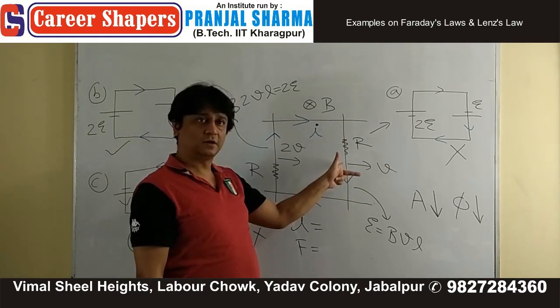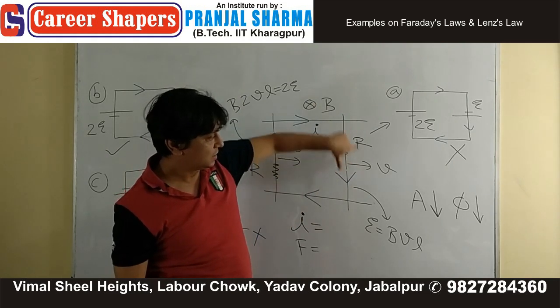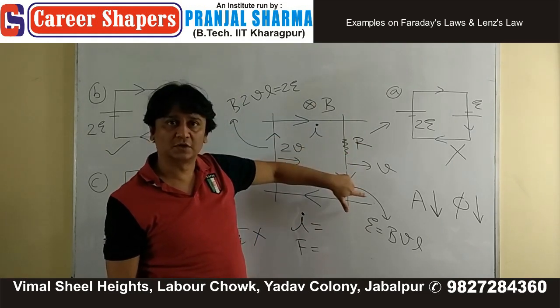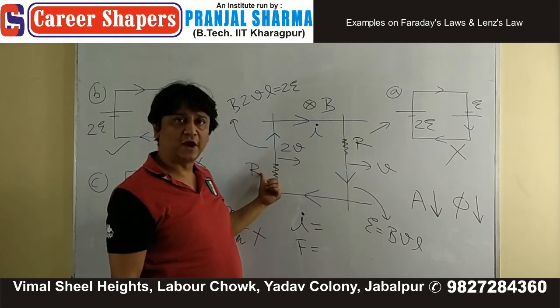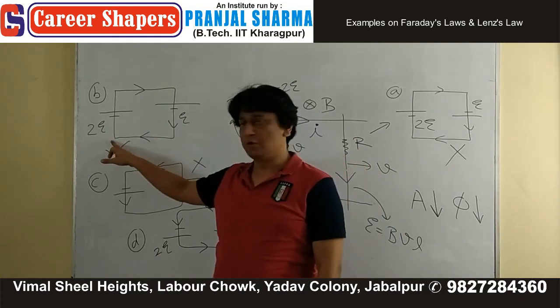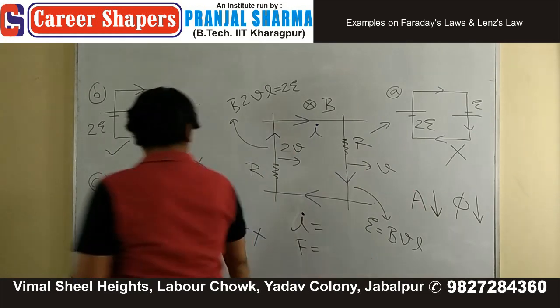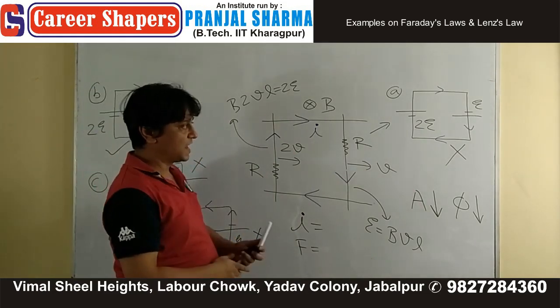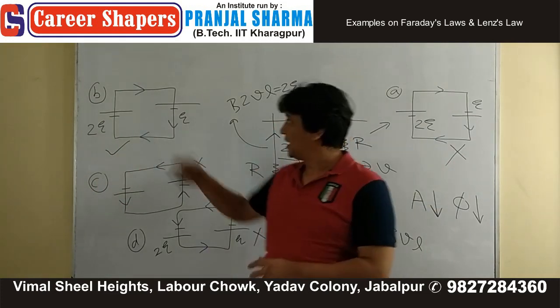FBI: B is in, electrons are moving that way, current is in this direction, force will be downwards. Similarly, you can find over here that force will be downwards, means this end will be negative, this end will be negative. So we have found the direction of current and the polarities of the batteries.